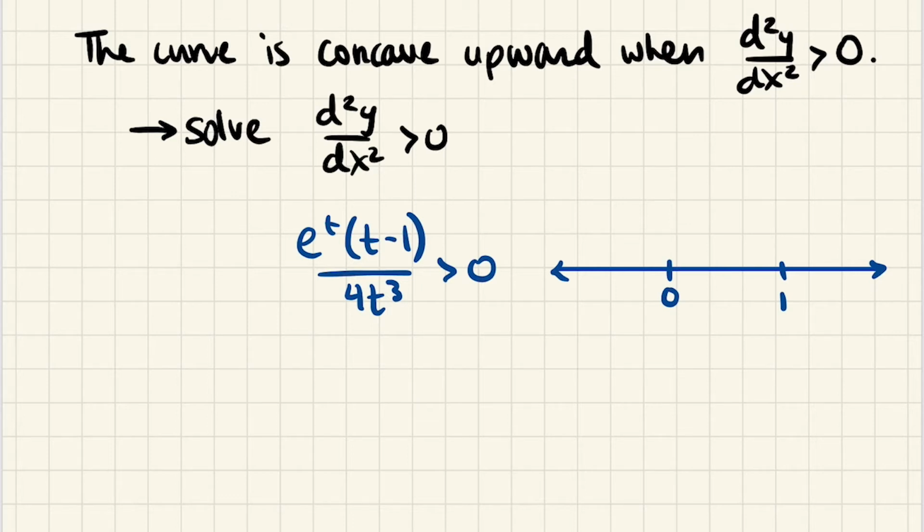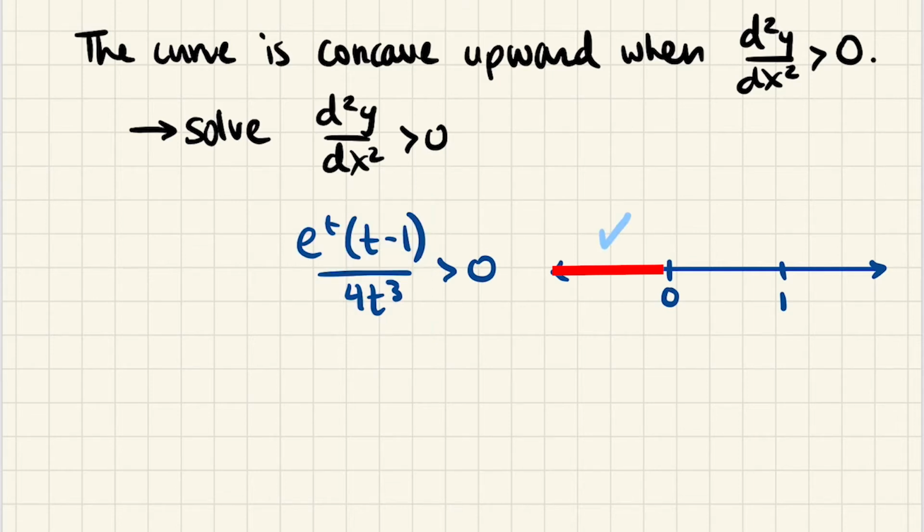So we'd test something in this interval, like t is equal to negative 1 billion, it doesn't matter. If we plug it in here, we can see e to that will be positive, negative 1 billion will be negative, negative 1 billion cubed is negative, so negative over negative is positive.